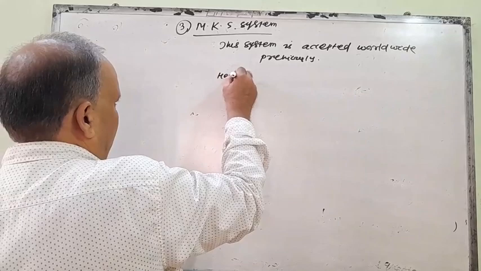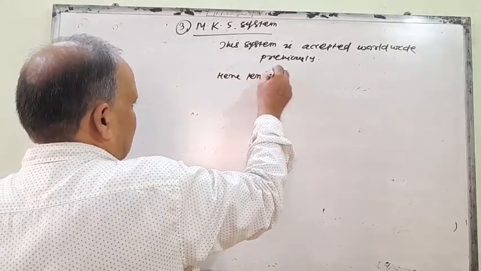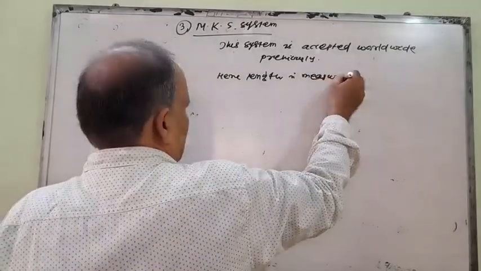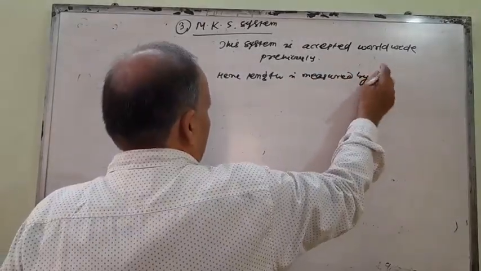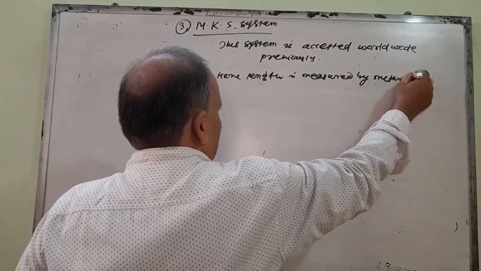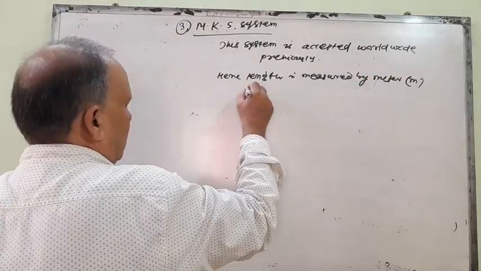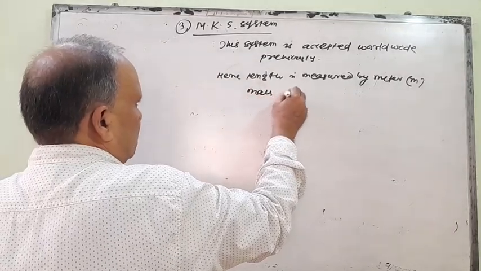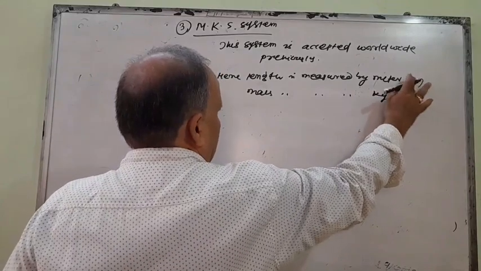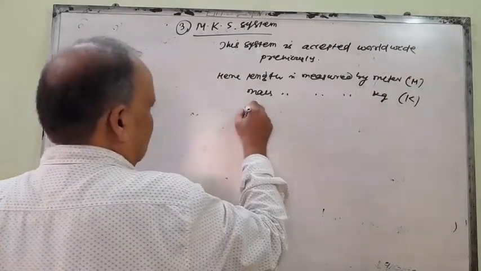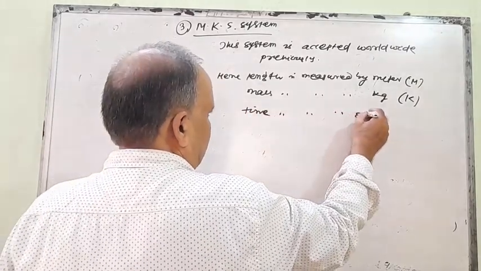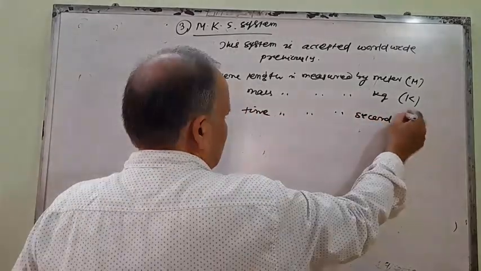Here length is measured by meter, mass is measured by kg, and time is measured by second. So it is called MKS.